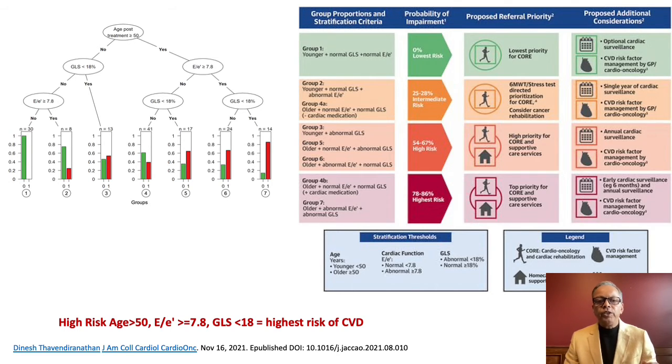They found age above 50 years, an E to E prime ratio greater than 7.8, and a GLS less than 18 associated with worse prognosis, and they were able to risk stratify patients depending on these 3 criteria from group 1 to group 7, group 1 having no risk, and these were younger individuals with normal GLS and normal E to E prime, and those in group 7 with the worst prognosis were older individuals with an abnormal E to E prime and an abnormal GLS.